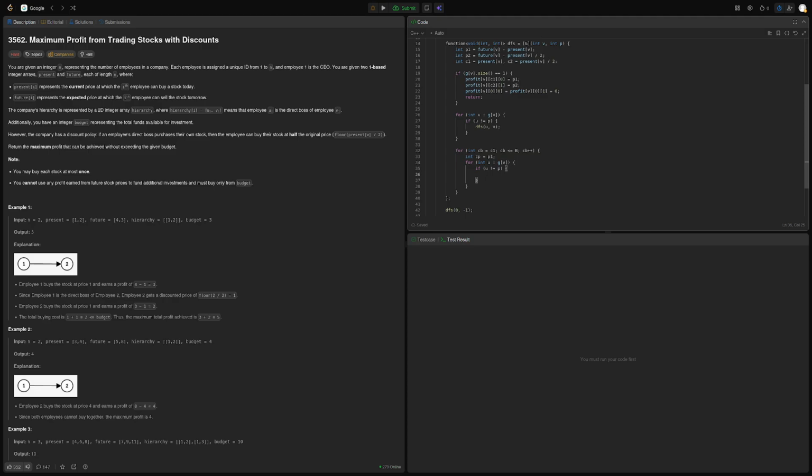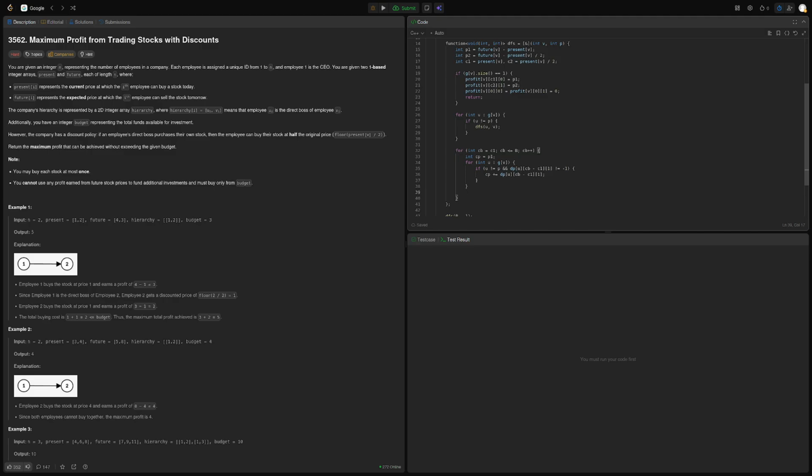Does it matter? Because we bought, we are only interested in the child. So current profit plus equals DP U at CB minus C1, and if DP U CB minus C1, 1 doesn't equal minus 1, then DP U this.